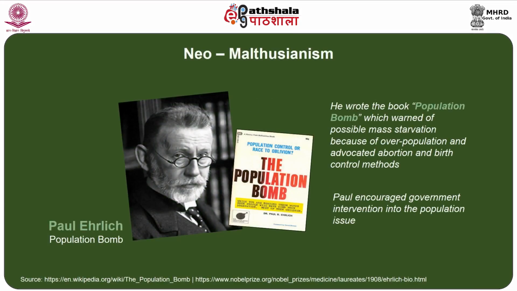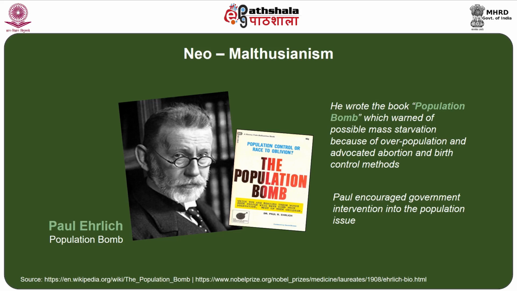Thus, the Neo Malthusians believed in abortion and birth control as a way to slow down the rapid population growth, in view of the relationship between population growth and other resources, including food. Paul Ehrlich was very vocal and a prominent Neo Malthusian.